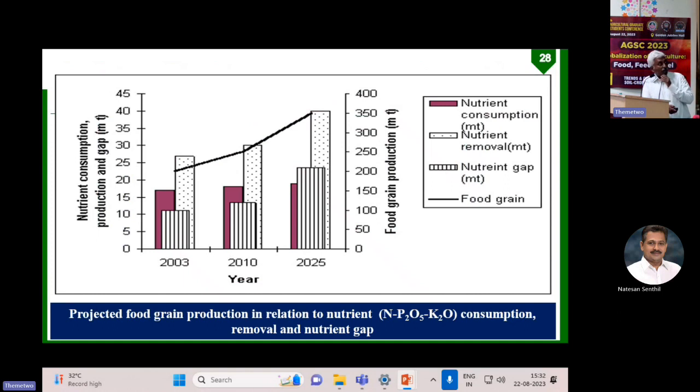Here, if we see the nutrient consumption and production gap, there is a lot of nutrient consumption, but ultimately there is nutrient removal. Removal is more, and we are not applying up to the requirement. There is a big gap between nutrient removal and nutrient consumption because of varied reasons existing at field conditions. Ultimately, you can clearly say that food grain production and yields in the majority of crops are almost at a static level.